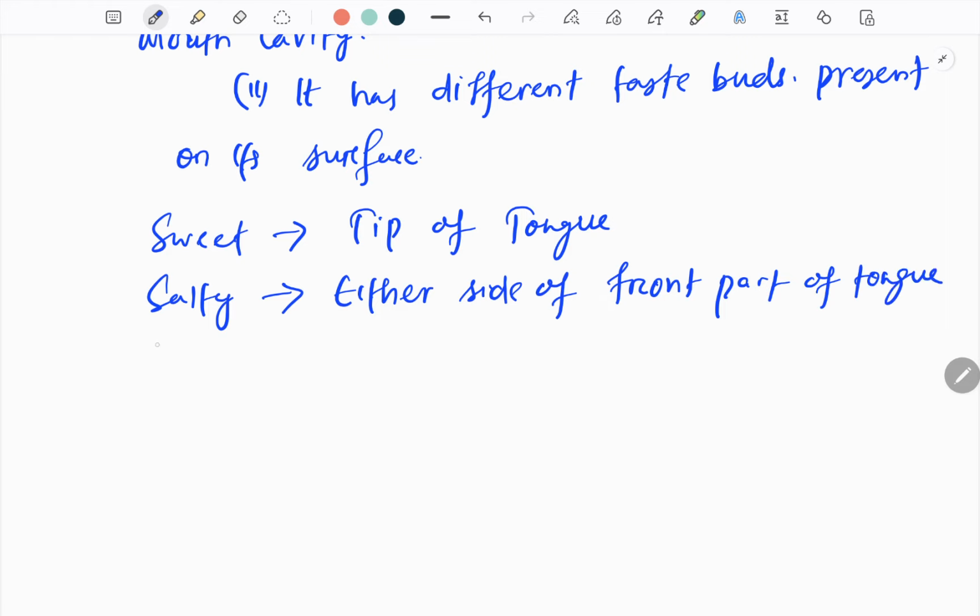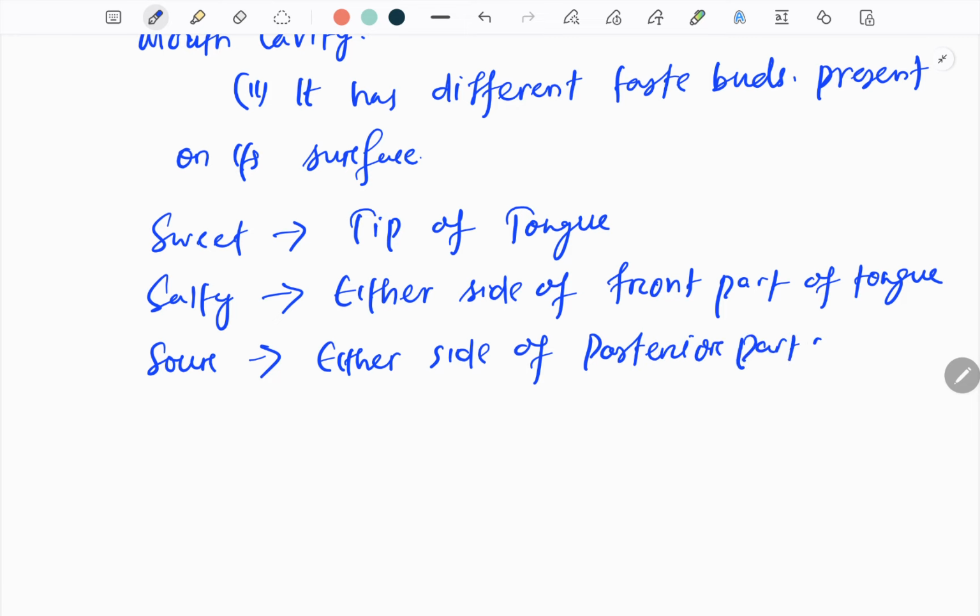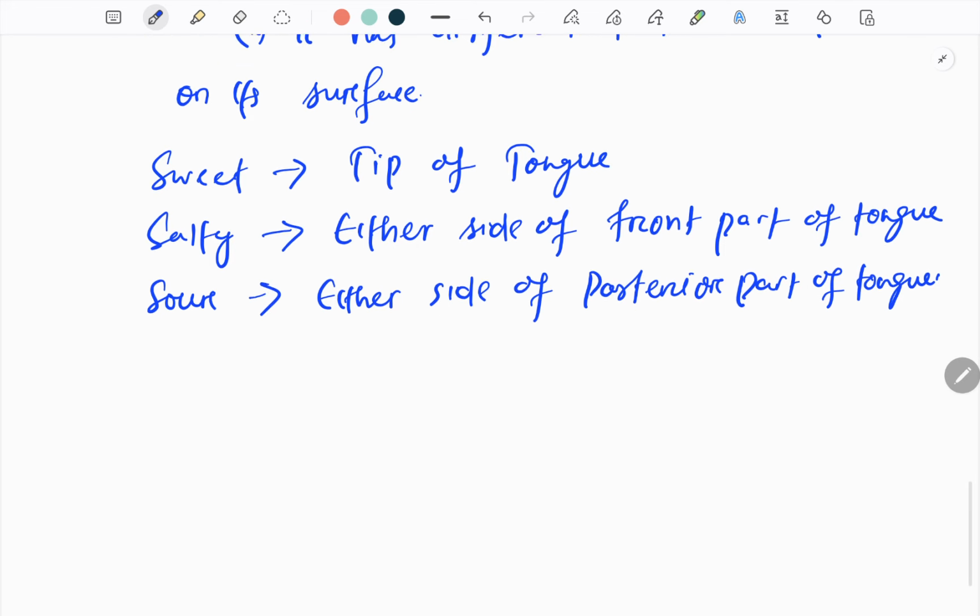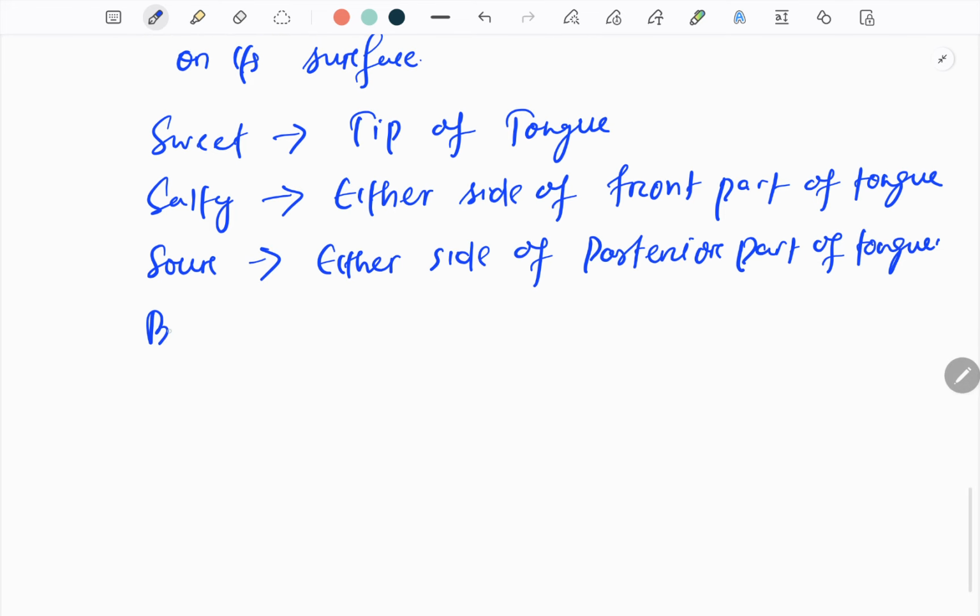Then sour is identified by the posterior part, either side of the posterior part of the tongue. And finally bitter is identified by the posterior part, the back part of the tongue.